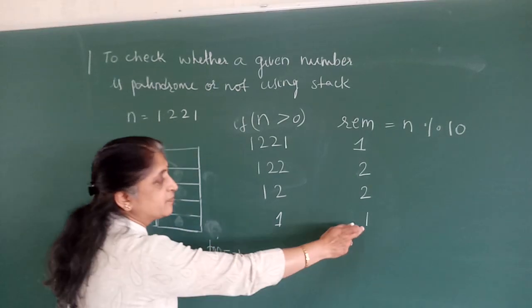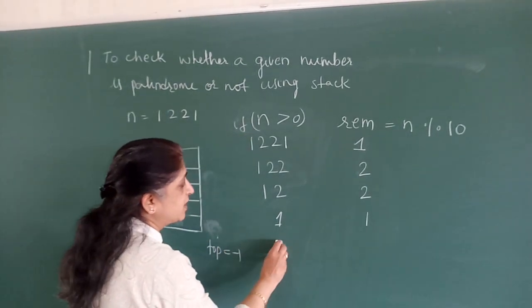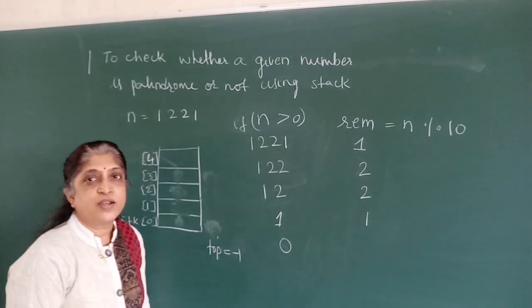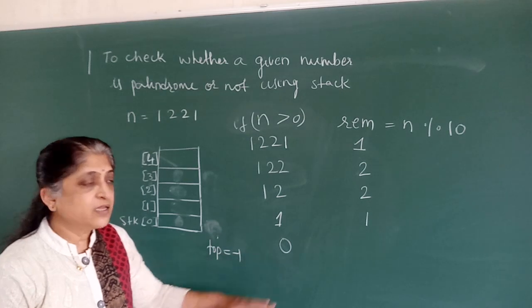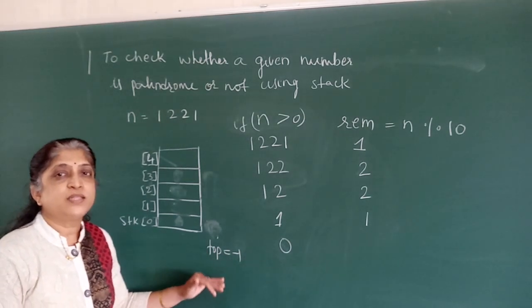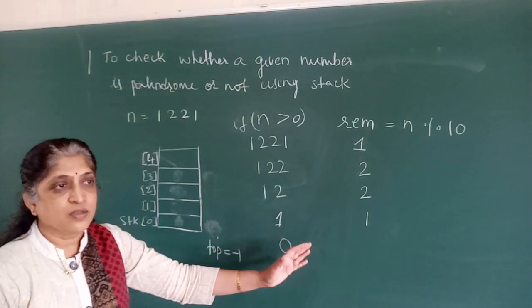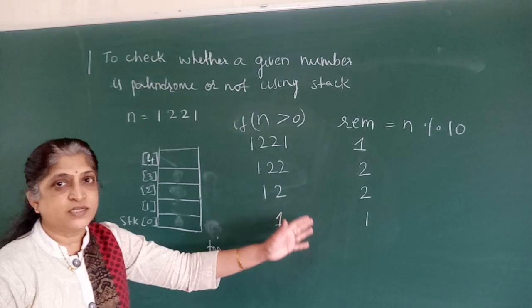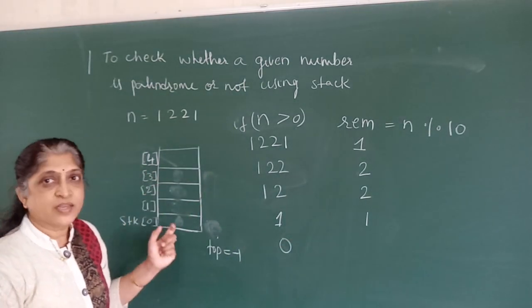So pop from the stack and compare, the numbers are same. Divide this again by 10. 1 divided by 10 is 0. At this stage, check if the top is equal to -1. If top is equal to -1, meaning the stack is empty, that means we found the digits of this number and compared it with all the elements by popping it.